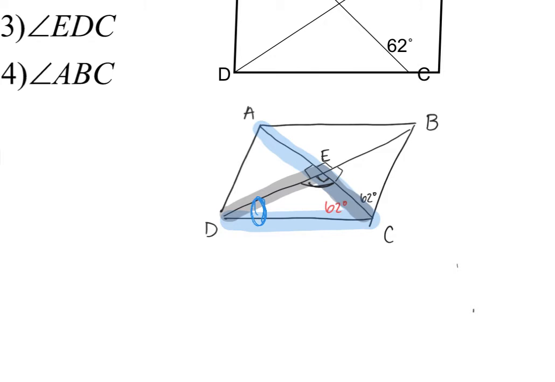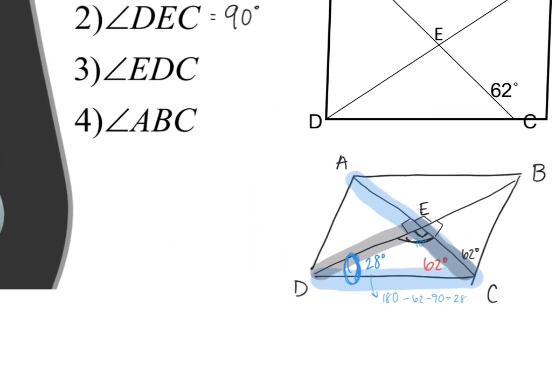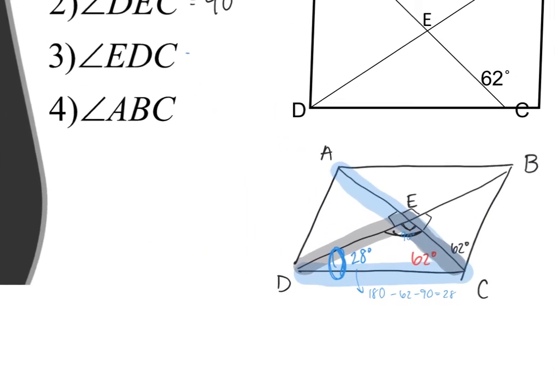Is it 28? Ah, how'd you get that? 180 minus 90 minus 62. Good. There's a mini triangle in here. Do you guys see the little triangle down at the bottom? So all you had to do is take the 90 from the top, the 62 from the bottom, add them together and take that away from 180. So this was 180 minus 62 minus 90, which gives us 28. And that would be this angle EDC.